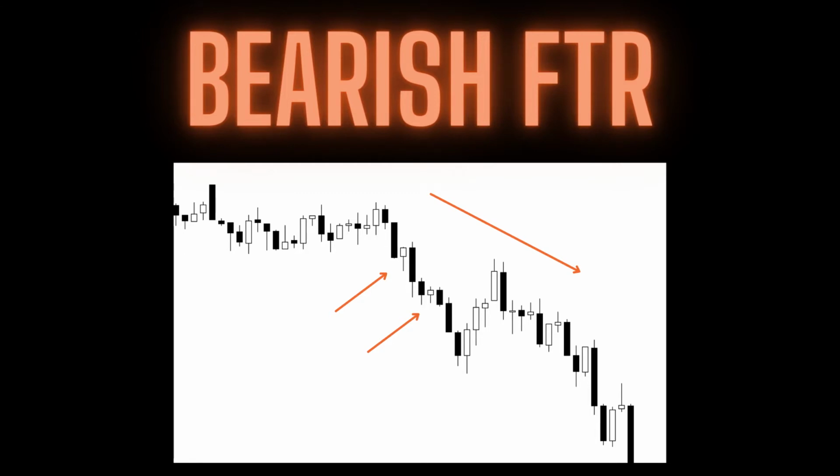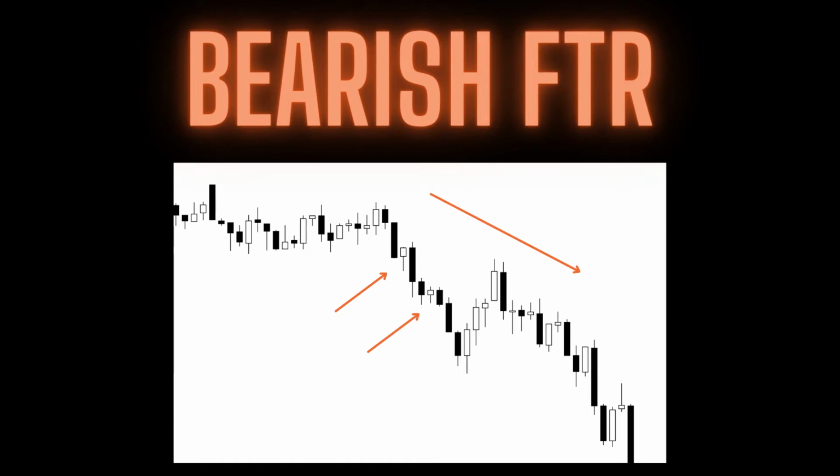Basically, you can trade it as the second bearish candle closes, the one that closes after the FTR. You know price is going to continue pushing down. And another way, a little bit more risky or advanced, would be entering right at the bullish candle closing. Why?